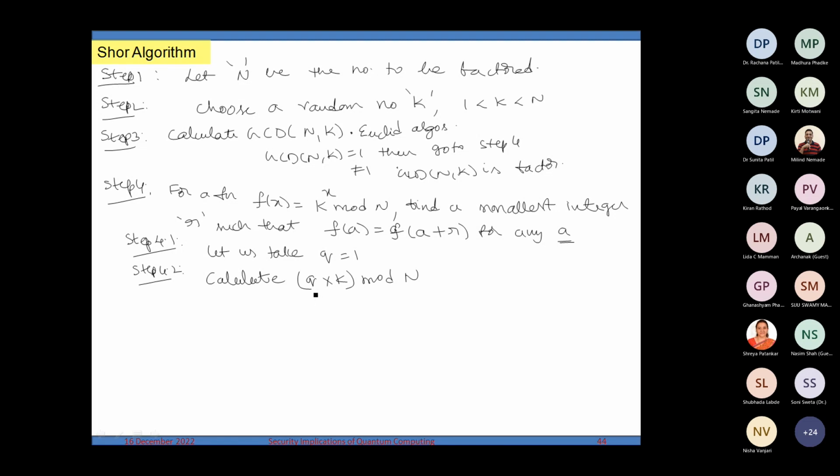Once I calculate q into k mod n, if it is equal to 1, then I go to step 4.3. Otherwise, I redefine q as q equal to q into k mod n. That means I am reassigning q to the remainder.